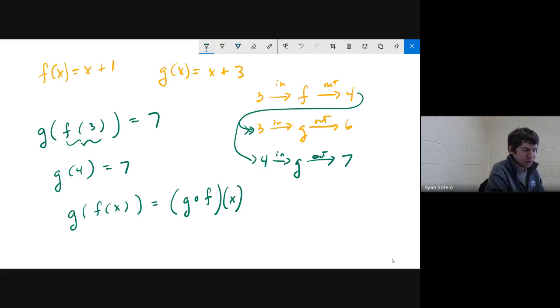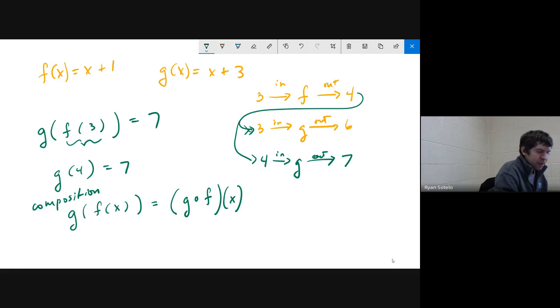Those mean the same thing. It looks like a goth, but this means composition. This means first feed it into f, get the output of that, and then feed that output as the input into g. So first f, then g. This is the way of writing what's called a composition.